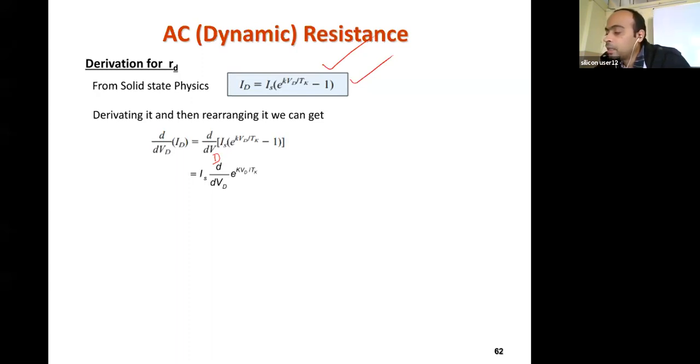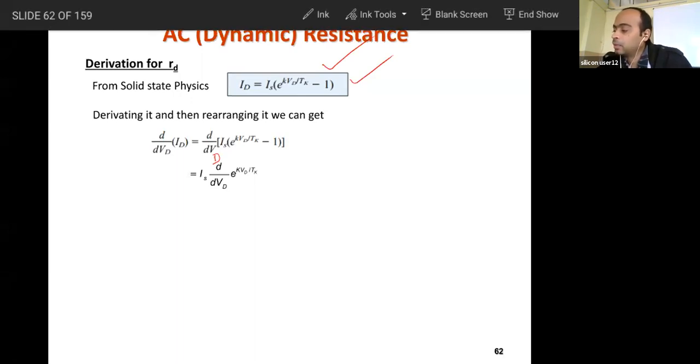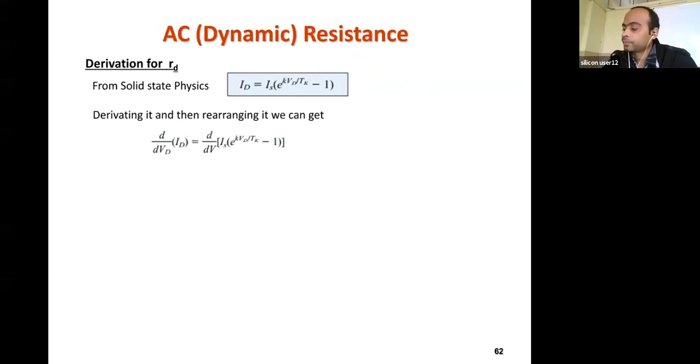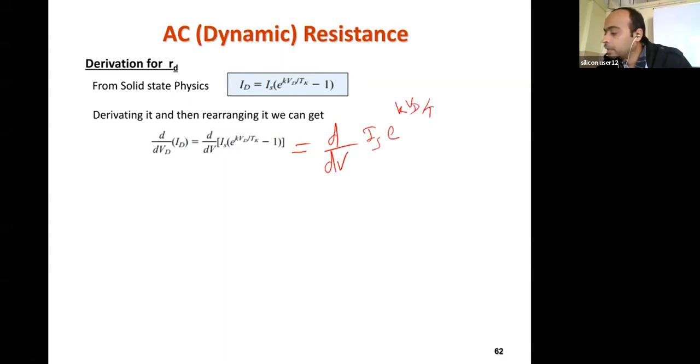I'll open it: d by dV of Is into e to the power kVd by Tk, minus d by dV of 1.